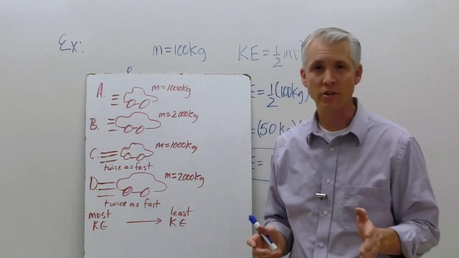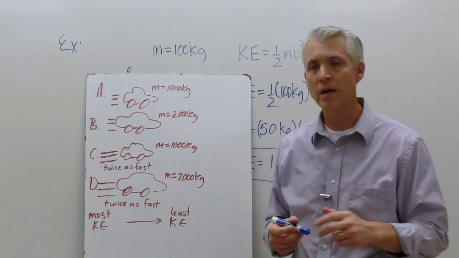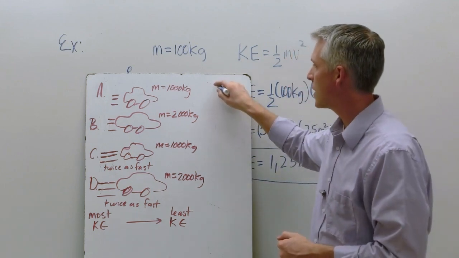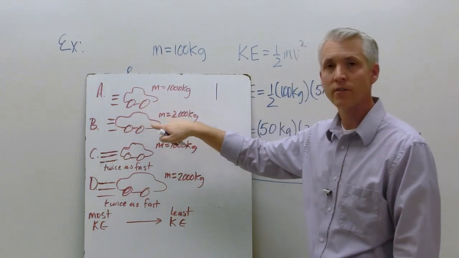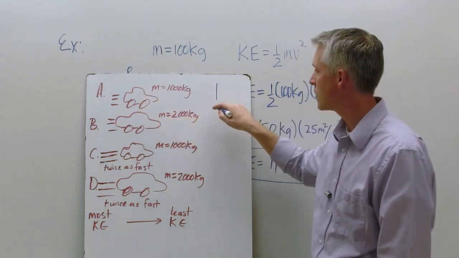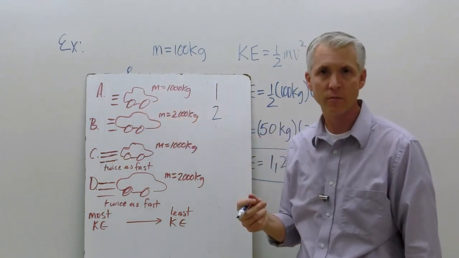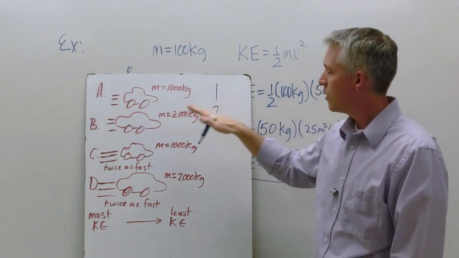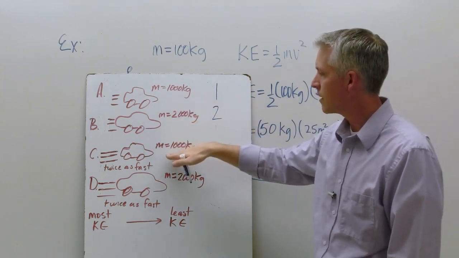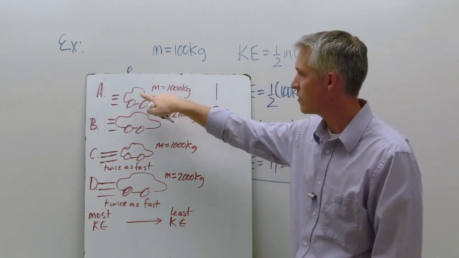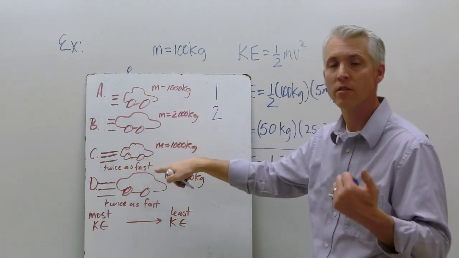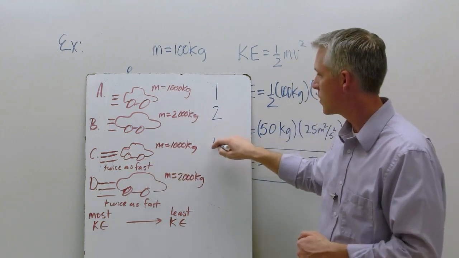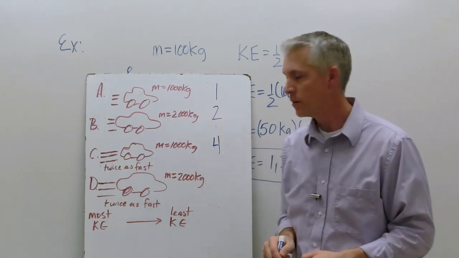Okay, hopefully you have your predictions. Let's think about this in terms of pain. If this is a pain factor of 1, then a car going the same speed but twice as much mass would have a pain factor of 2, be twice as bad. Now we come over here and say this one is the same as the small one, but it's going twice as fast, and because you square the velocity, that actually has a pain factor of 4.